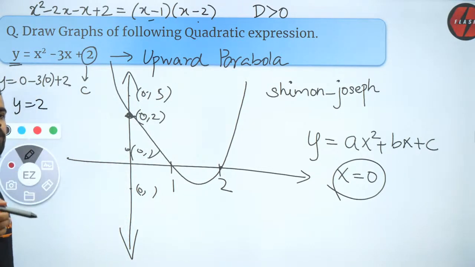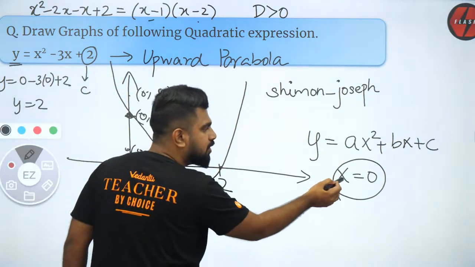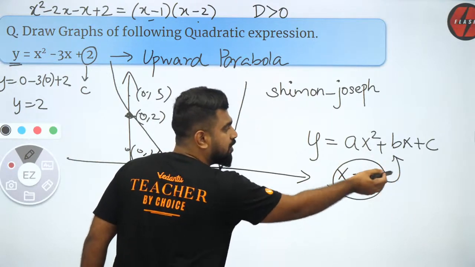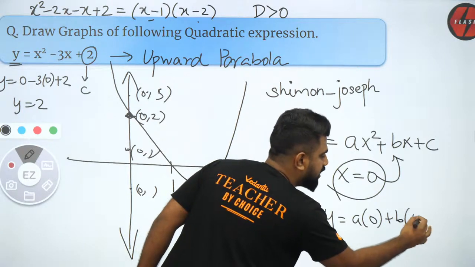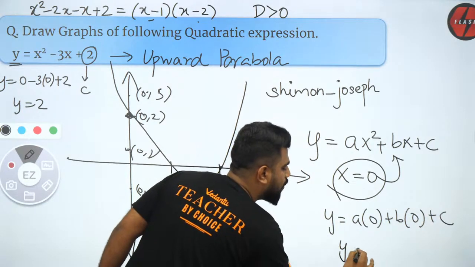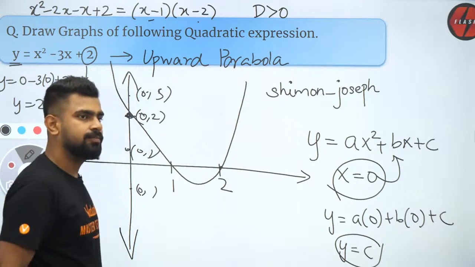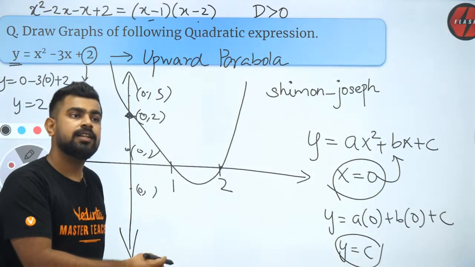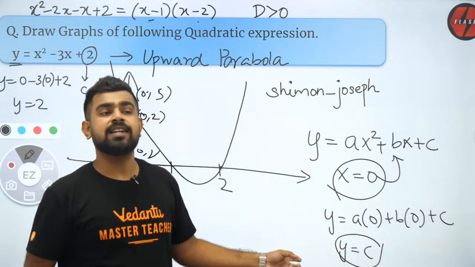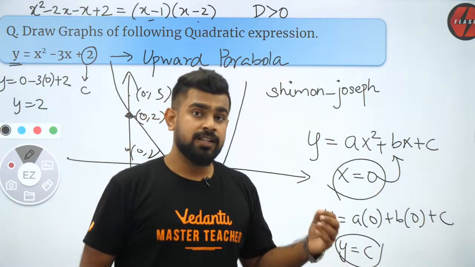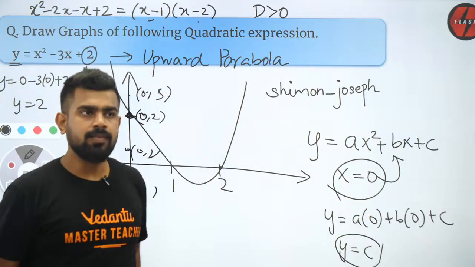So that is the equation of the y-axis. If I put x equal to 0 here, I will get a into 0 plus b into 0 plus c. So what will be my y? My y will be equal to c. That is why I say that it cuts the y-axis at 0 comma c. Are you all clear?